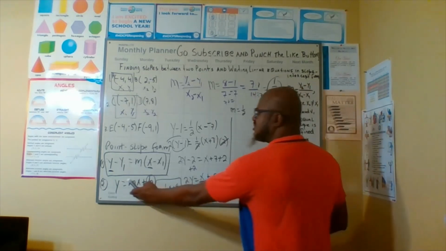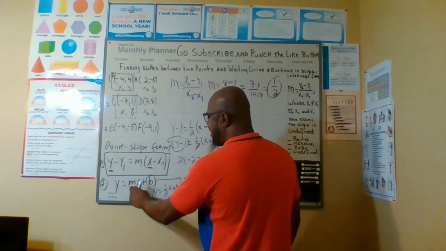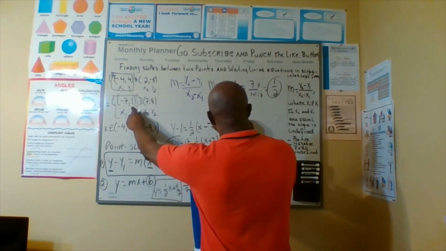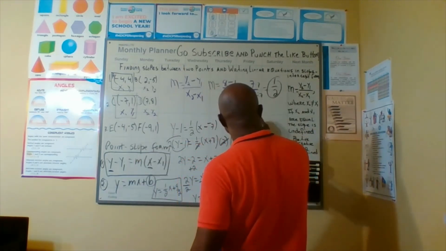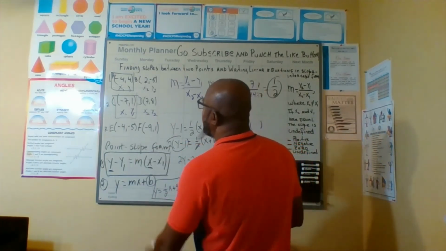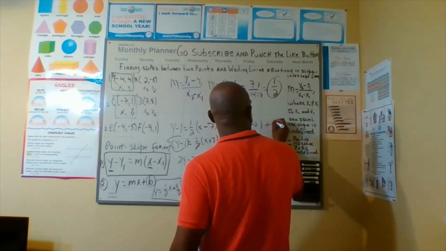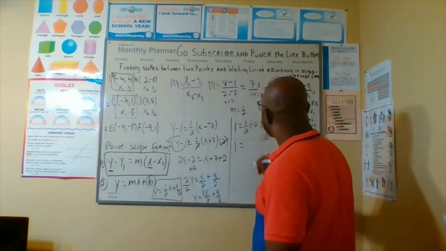So you're going to use this. When you use this, we're going to replace y, m, x, and we solve for b. We know y is 1, and we know m is 1/2, and x is negative 7 plus b. So we will have 1. All right.